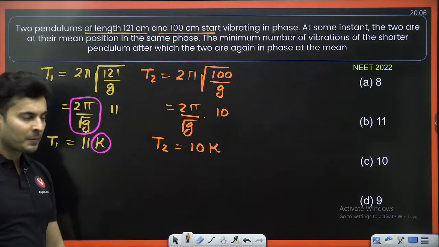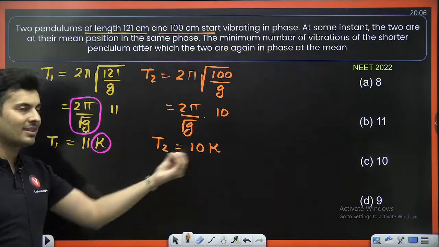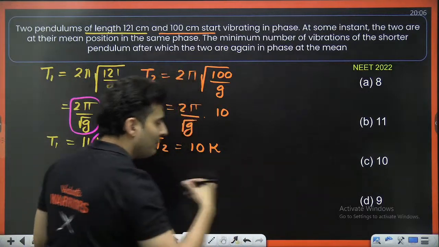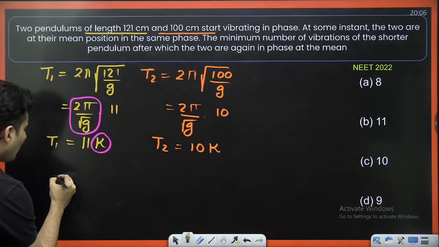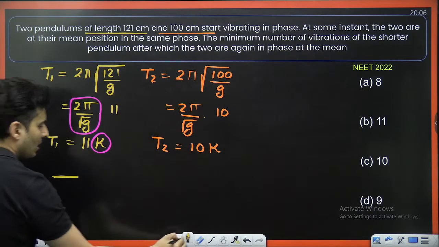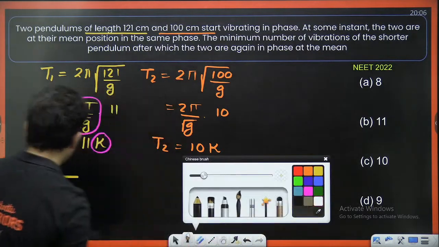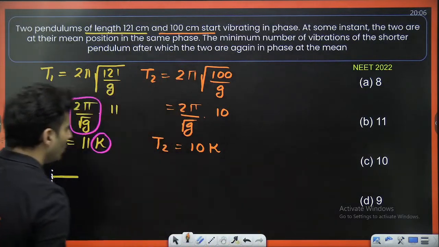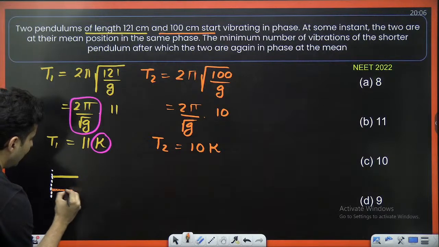Now think, T1 is 11k, T2 is 10k. So I'll make you visualize this. If T1 is 11k, and they both start at the same time, T2 is 10k, slightly smaller.